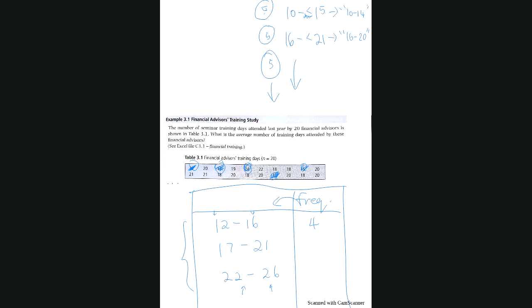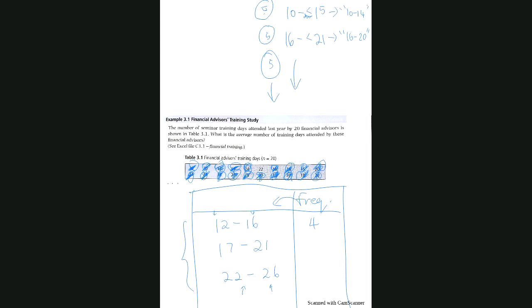And you have between 17 and 21, so including the number 17, including it up until the number 21. So you have 1, I'll strike it off. Then another, that's 3, 4, 5, 6, 7, 8, 9, 10, 11, 12, 13, 14.